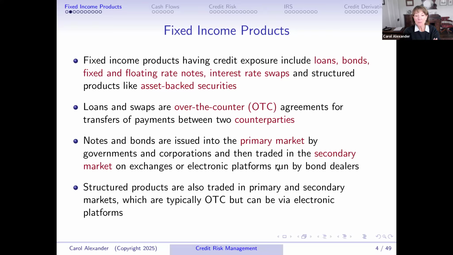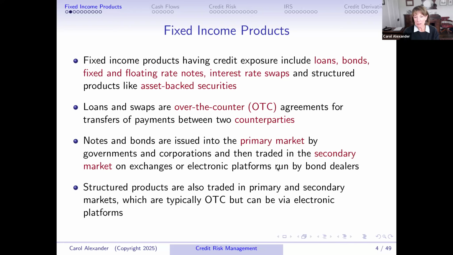Now, loans and swaps and the forward rate agreements that constitute swaps are traded over the counter. So they're legal agreements between two counterparties, and they're not traded on exchanges. But notes and bonds are issued into a primary market. They're issued by governments and corporations, and then they're traded in the secondary market on exchanges, or more generally, specialized electronic platforms run by bond dealers.